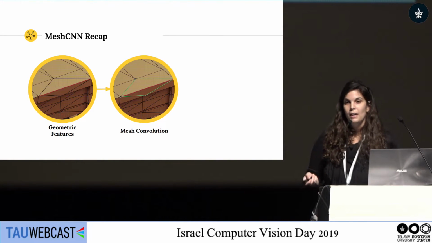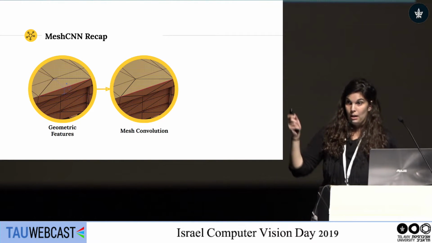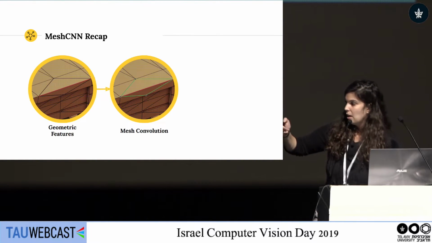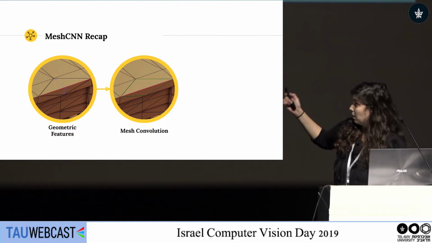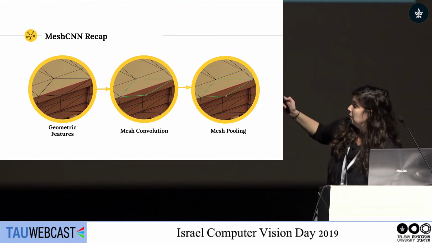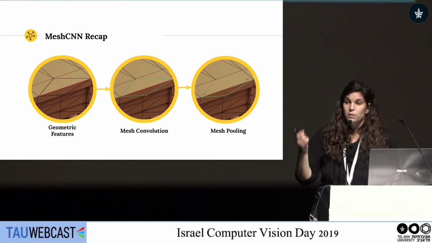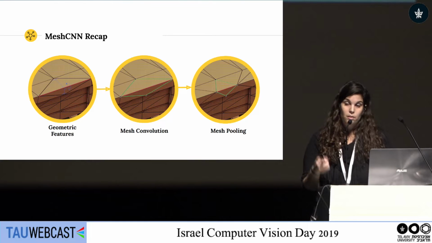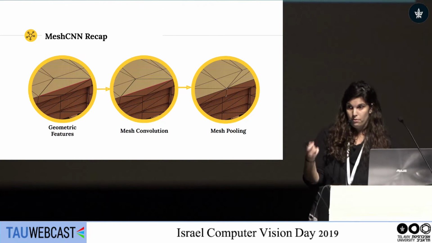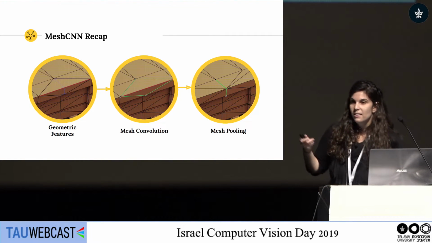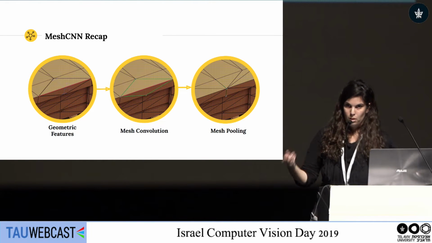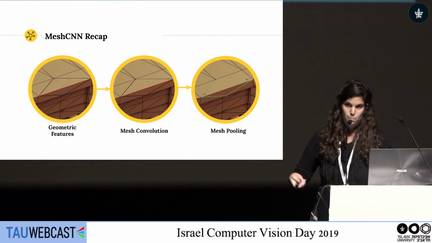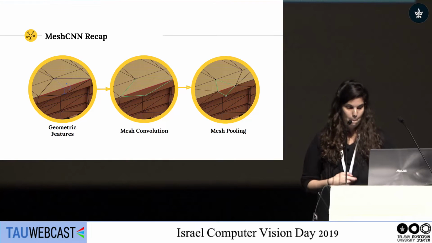And then we apply a convolutional kernel on those symmetric features. And then we have ReLU, batch normalization, and then a pooling layer, which will delete edges which are the least active from the learned feature vectors. And then that process continues over and over. We have more convolution, ReLU, batch norm, pooling.